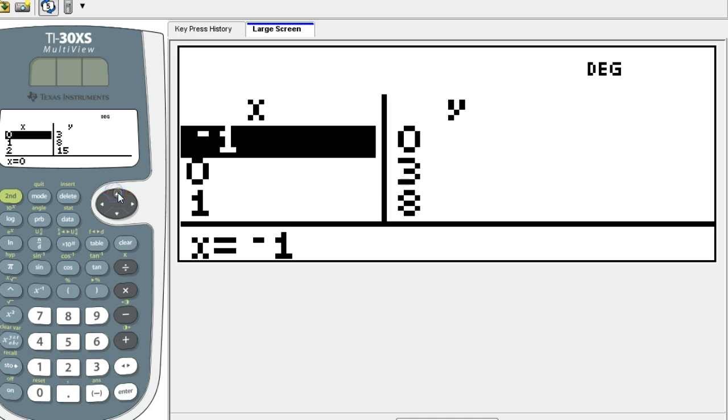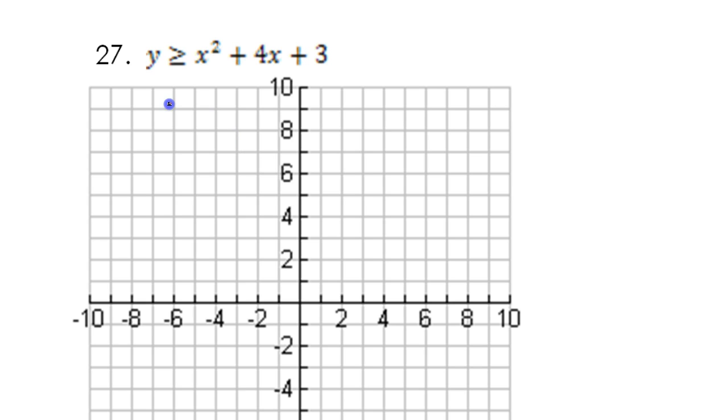Okay, let me go back to the beginning. Okay, the first point that fits is -5, 8. Okay, so I will go to -5, 8.